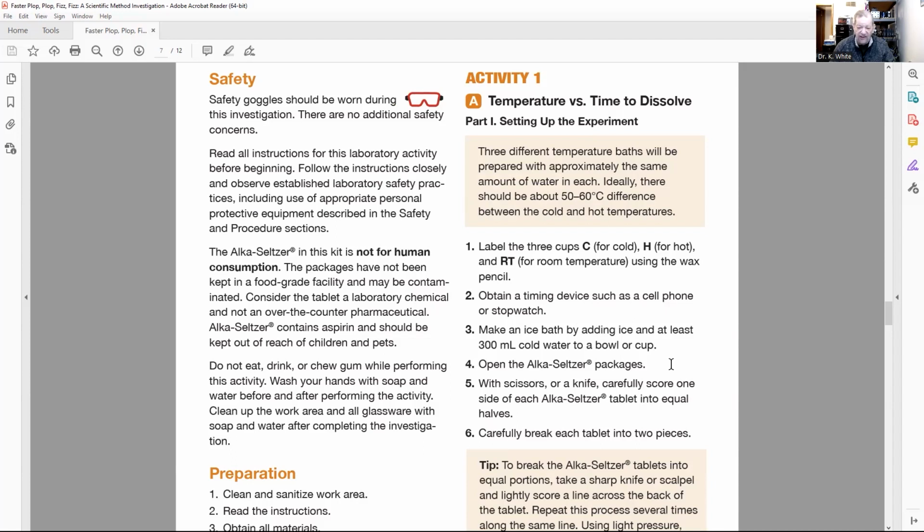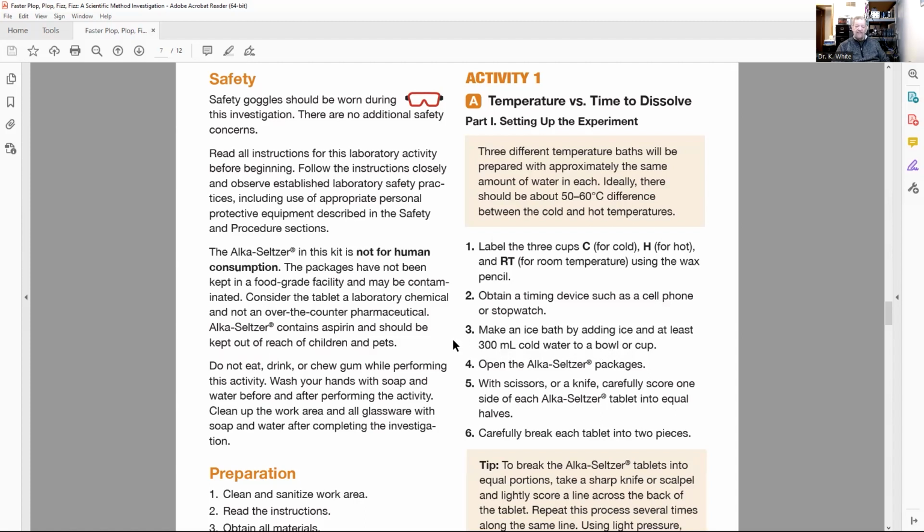You'll make what's called an ice bath. In a separate container, put in at least 300 milliliters of water, measure it with this, use your tap water, and put in ice cubes.